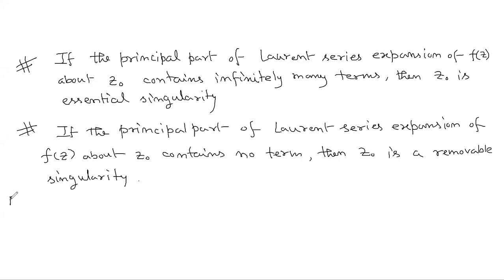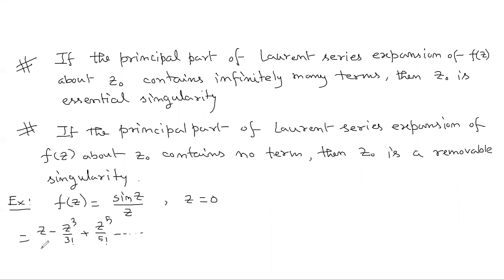For example, let us take f(z) equal to sin z by z. We have already considered this function and we have seen z equal to 0 is a removable singularity. Now we try to determine the nature of the isolated singularity z equal to 0 from the Laurent series expansion. So if we expand sin z, we'll get z minus z cubed by 3 factorial plus z power 5 by 5 factorial and so on, divided by z.